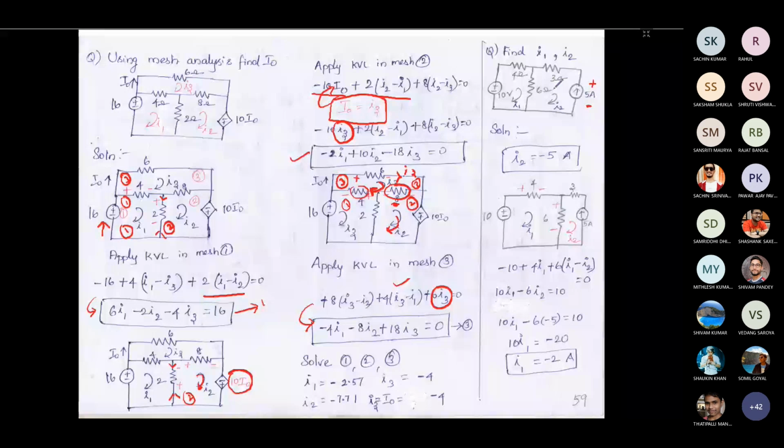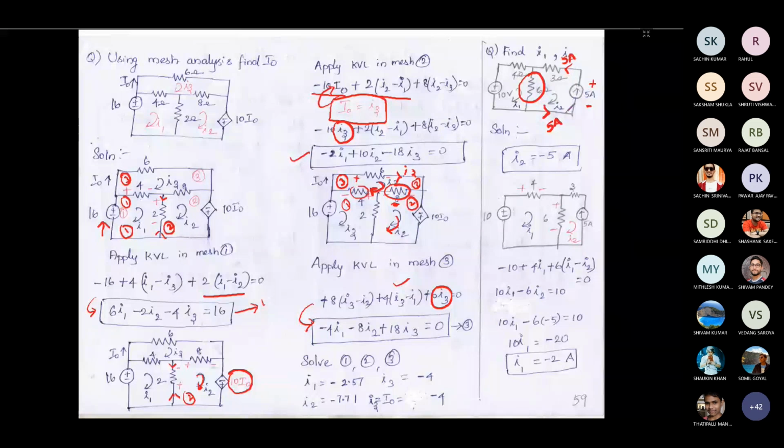The second thing is that the current through this 3 ohm resistor will be 5 ampere, and the current in this path will also be 5 ampere. The current through this 6 ohm resistor will be the resultant of I1 and 5 ampere, but for this 3 ohm resistor and this one it will be 5 ampere, because these two are in series.